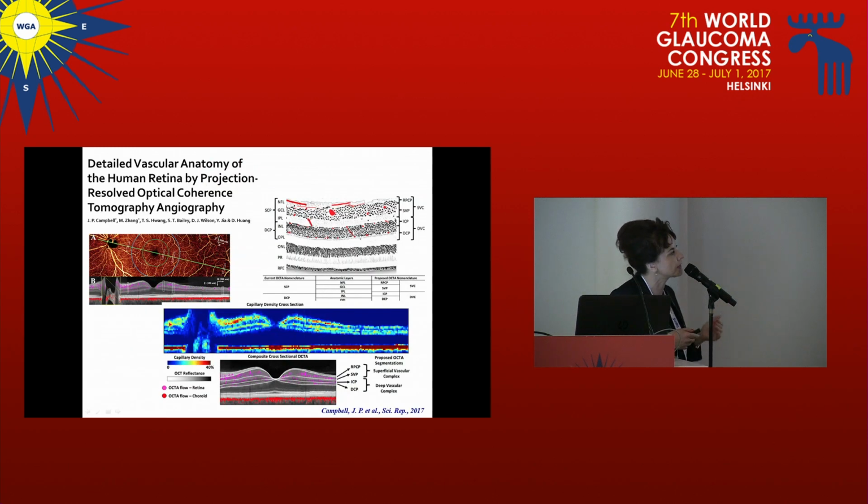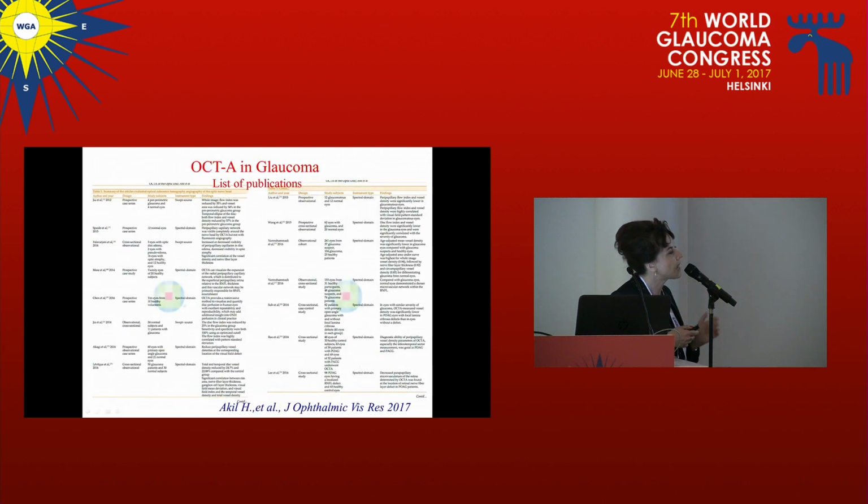Interestingly, some new plexuses have recently been described, as covered today already, and the number of papers on OCT angiography in glaucoma is growing each month.